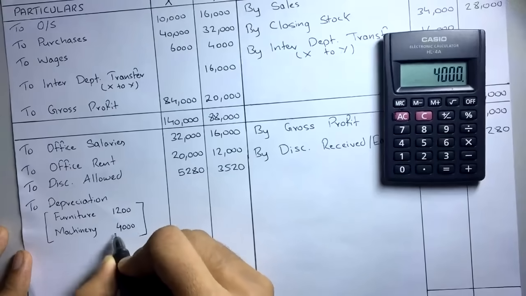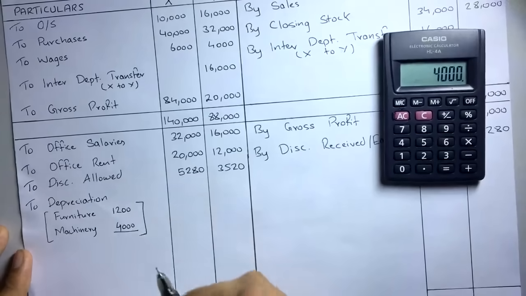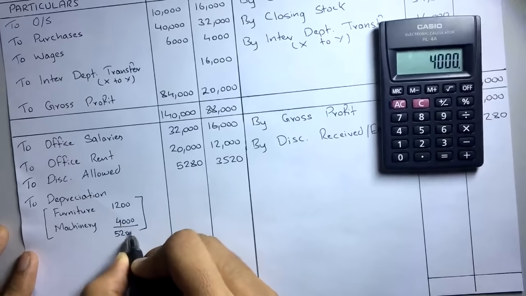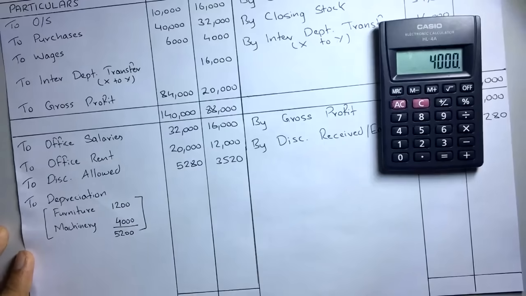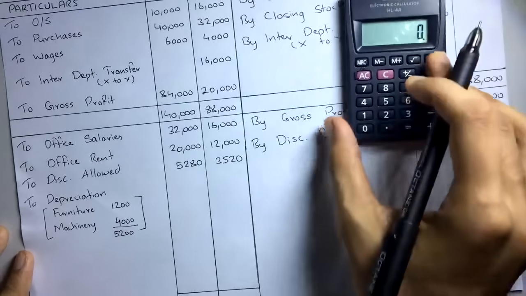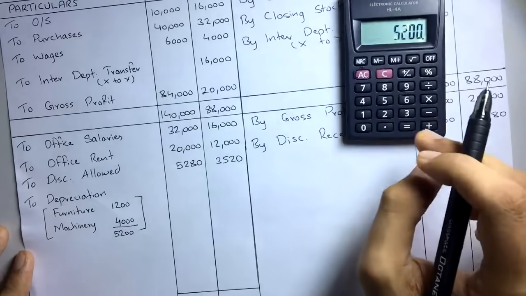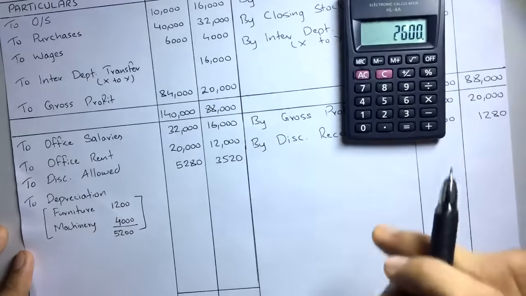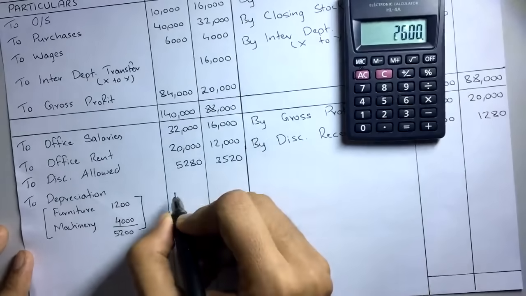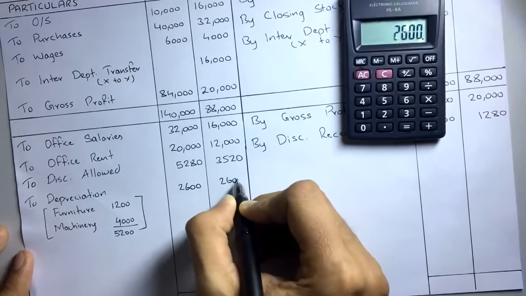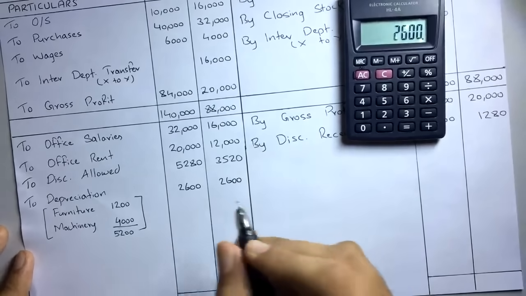Now if you add these two, 1,200 plus 4,000, you get 5,200, right? Now this 5,200 has to be divided equally. 5,200 divided by 2 departments, that is equal to 2,600. So 2,600 for each department.